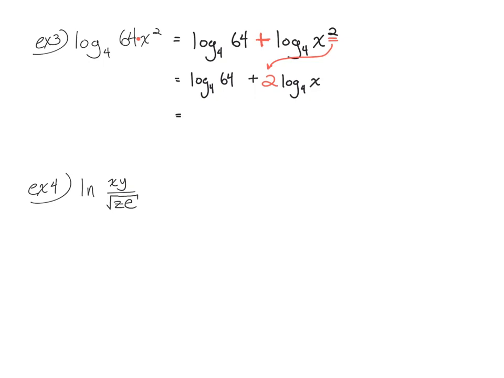You can see this base is numeric and this argument has a variable in it, so we won't be able to simplify this anymore. But we always have to check this base being numeric and this argument being numeric, can that log simplify? And in this case, yeah, again, we have a log that simplifies here. We have 3 plus 2 log base 4 of x.